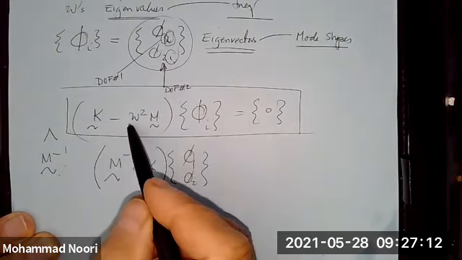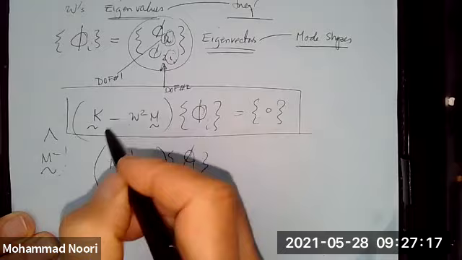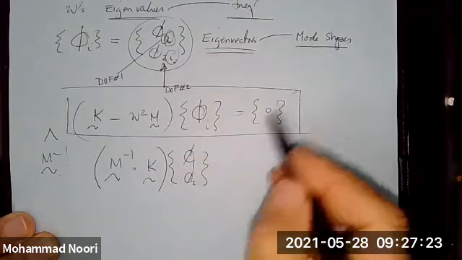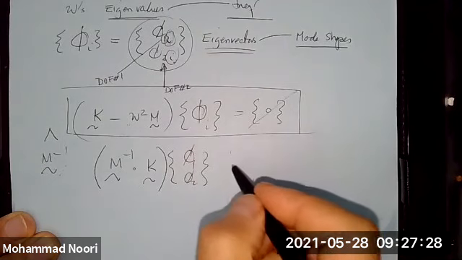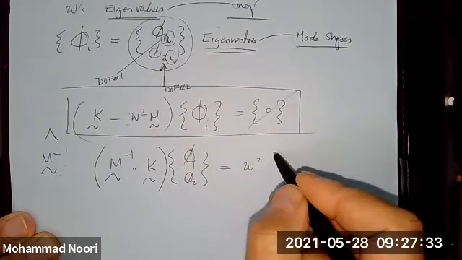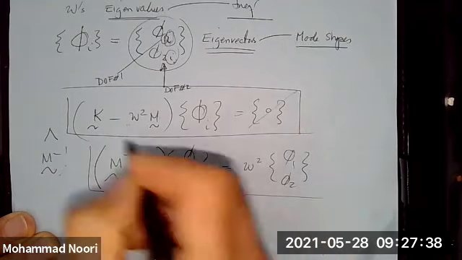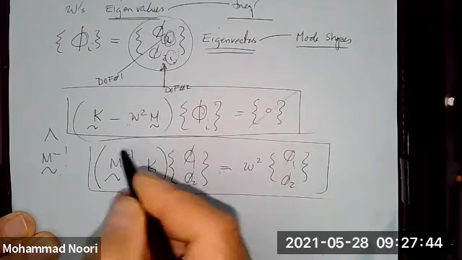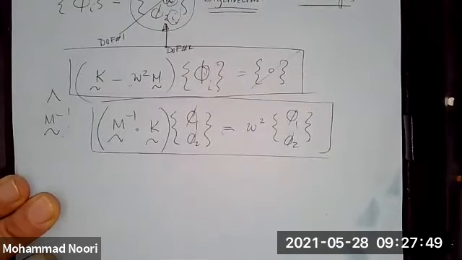So it becomes negative omega squared times I, which is 1, times this, negative. You're pre-multiplying everything by this, right? So the right-hand side still stays 0, but you take this to the right-hand side, so you get omega squared times phi1, phi2. So this is an alternative form to this equation, and this is another form of that eigenvalue problem, okay?